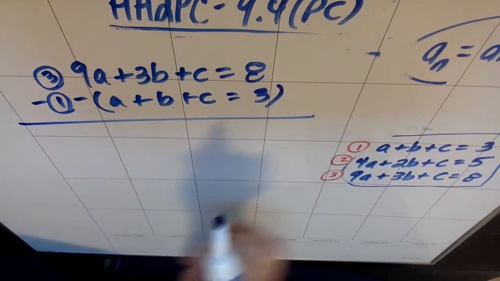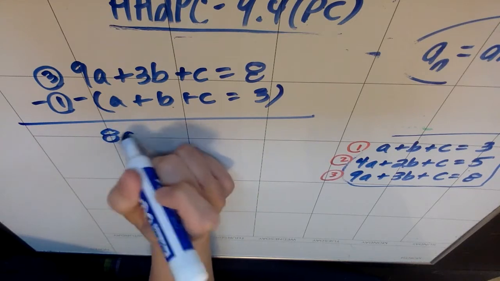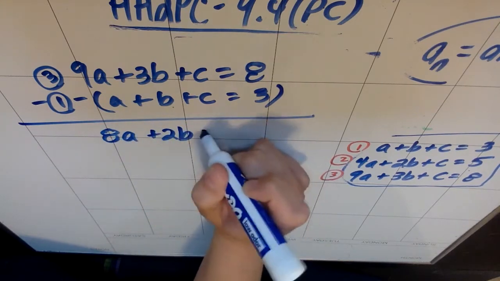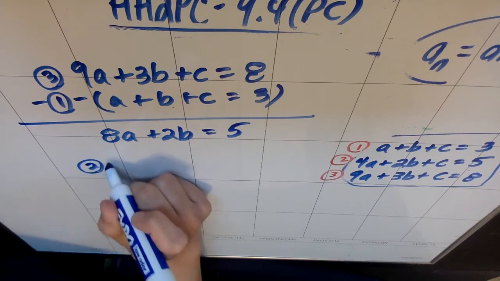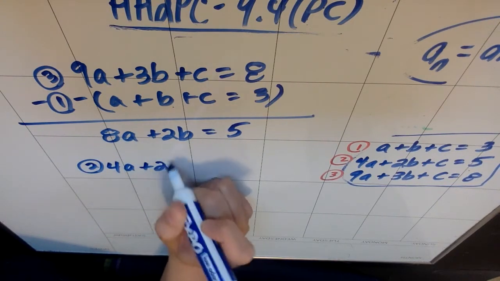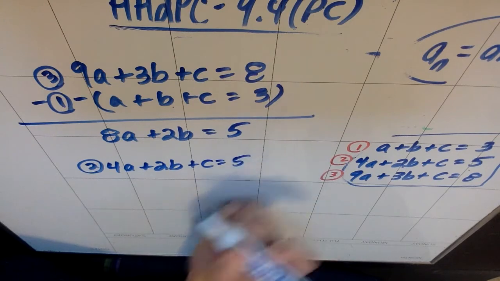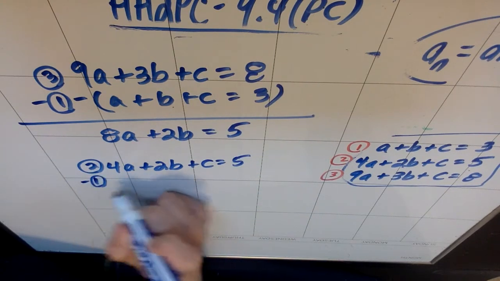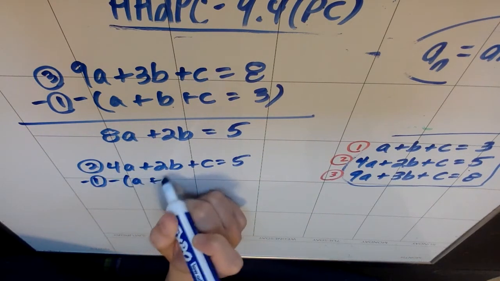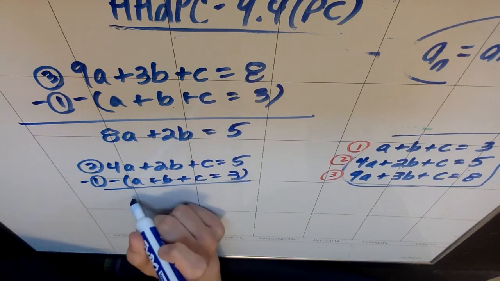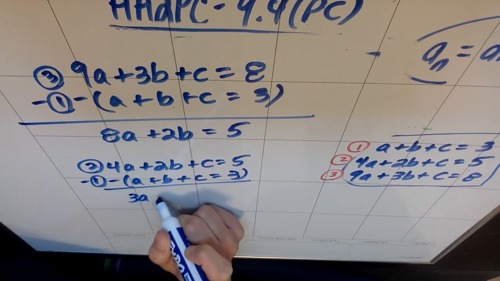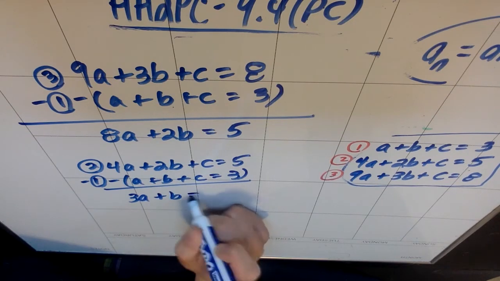If I did that, I'd get this new equation that was 8a plus 2b equals 5. I could do the same trick with equation 2, which was 4a plus 2b plus c equals 5, and subtract equation 1, a plus b plus c equals 3. Again, the c would magically disappear, and I'd get 3a plus b equals 2.